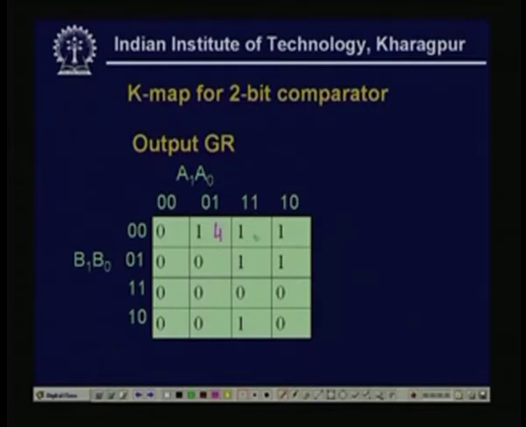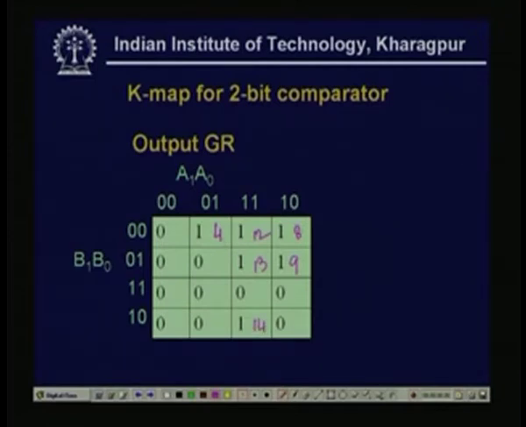Then this is 1 1 0 0, means this is 12, this is 8, then 13, 1 0 0 1 means 9, 1 1 1 0 means 14.